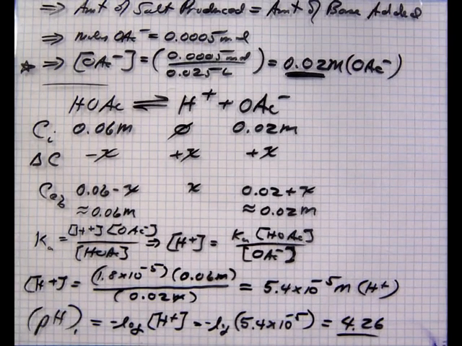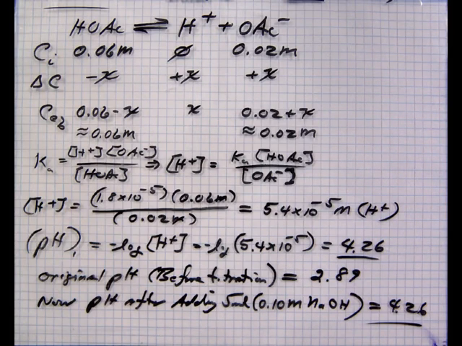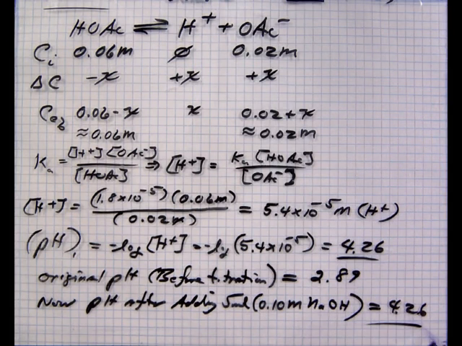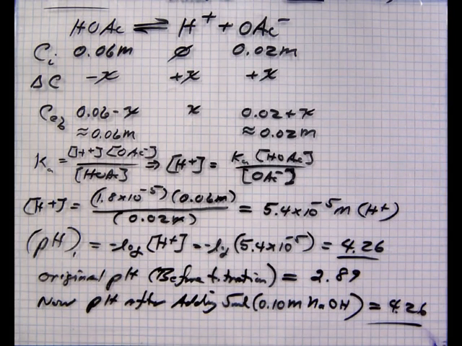So we're now increasing the pH. The original pH before the titration began was 2.89. Now after adding 5 milliliters of the 0.1 molar sodium hydroxide, we've jumped from 2.89 to 4.26.